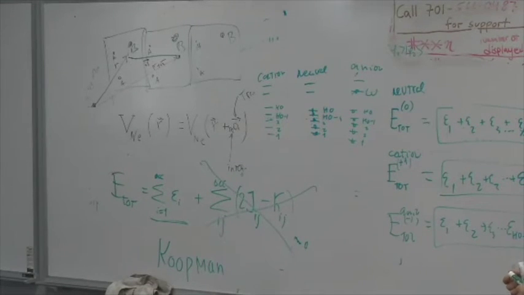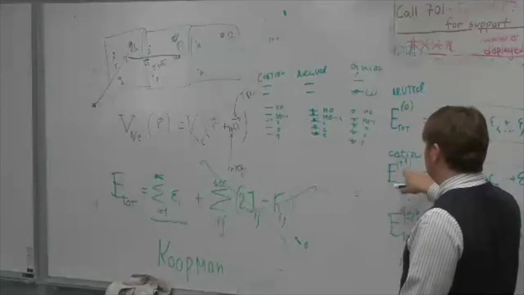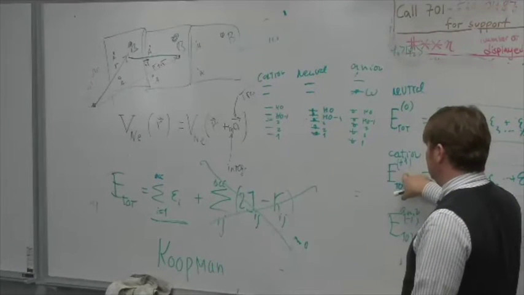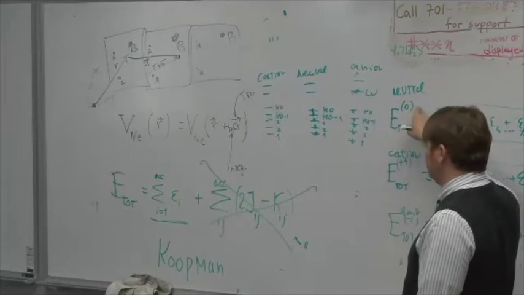Now, how do we define ionization energy? What is ionization? It means the energy required to remove an electron. So at the end we will have a cation, at the beginning we will have neutral.